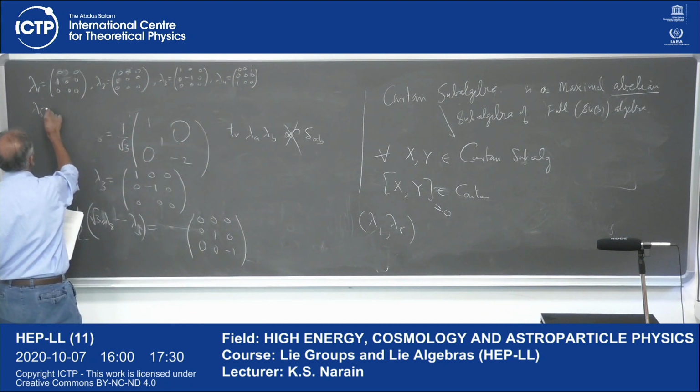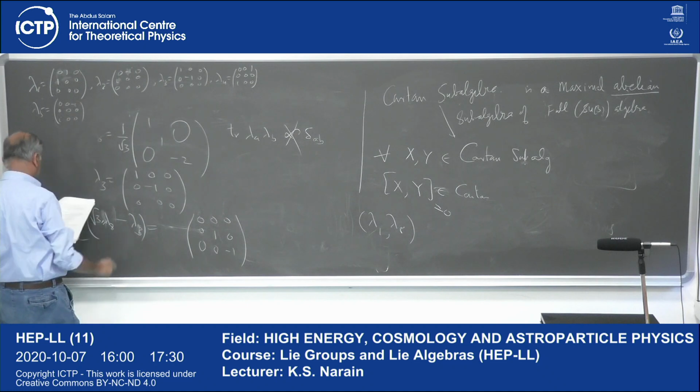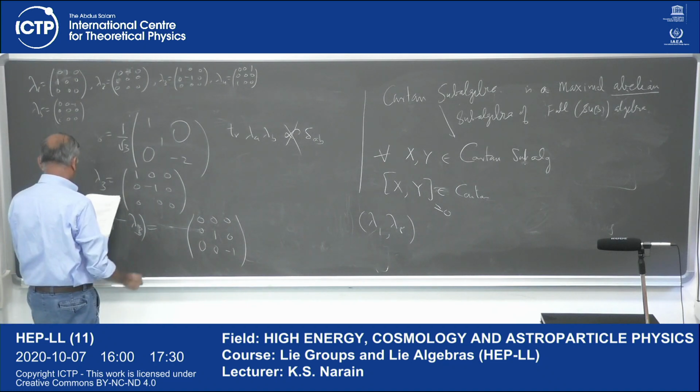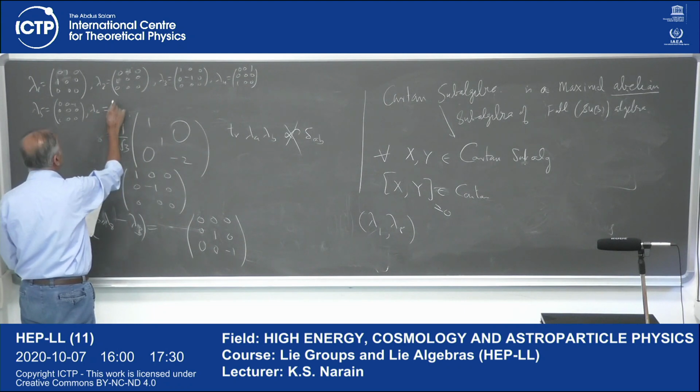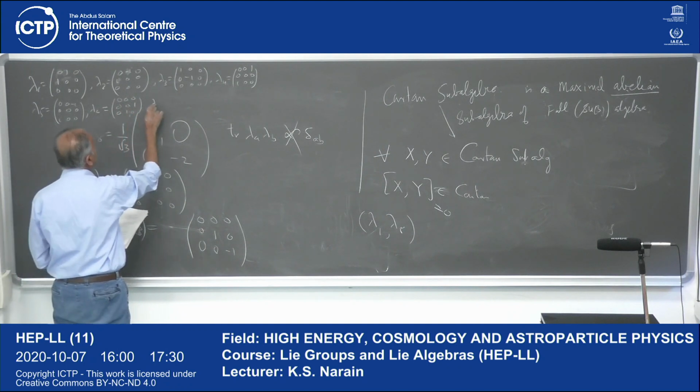Lambda 5 is 0, 0, minus i, 0, 0, 0, i, 0, 0. Lambda 6 was 0, 0, 0, 0, 0, 1, 0, 1, 0. Lambda 7.